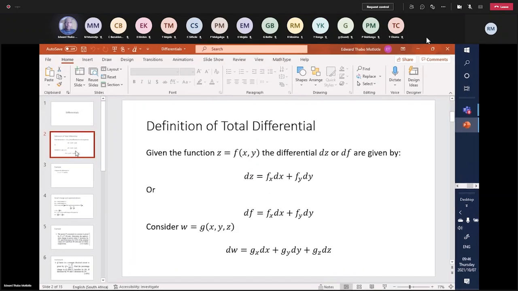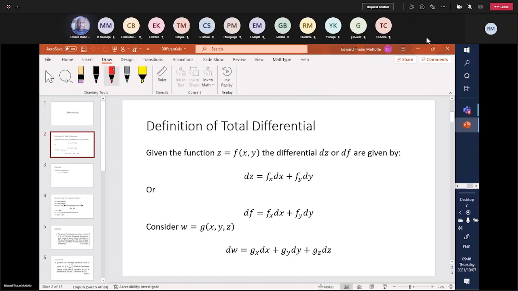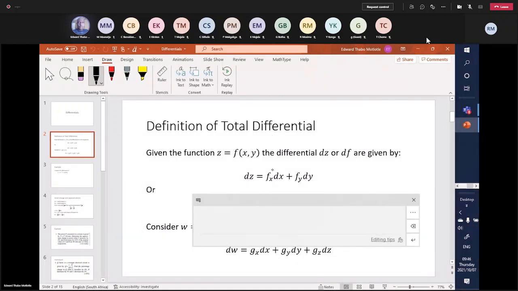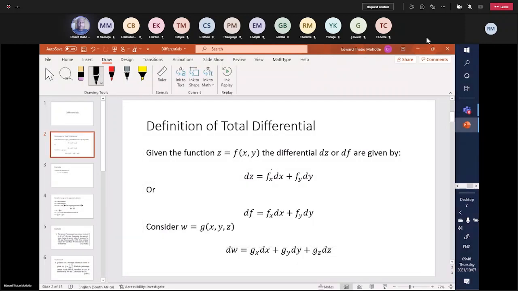So let's say here, for a total differential, we are given a function f. F is a function of x and y.